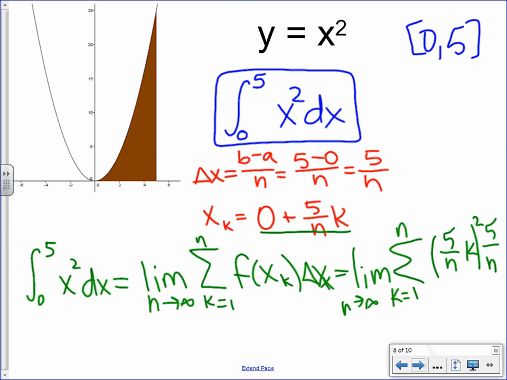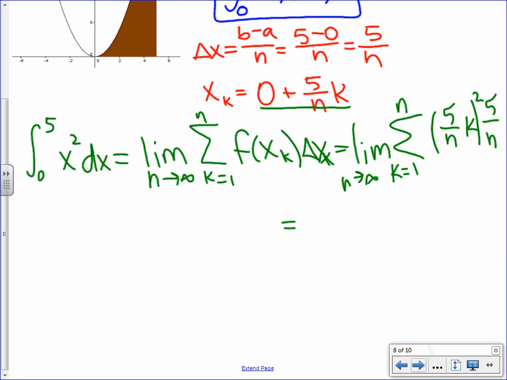Okay, so now how can we rewrite that? 25 k squared over n squared times 5 over n.